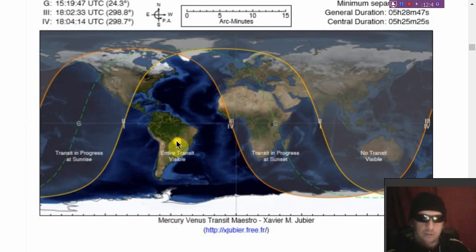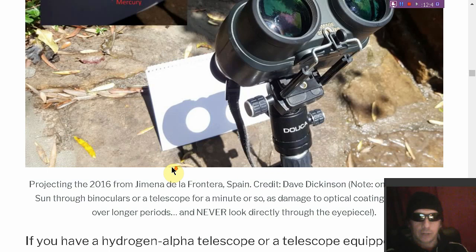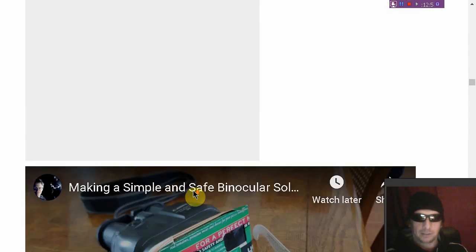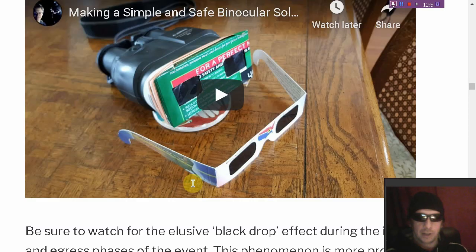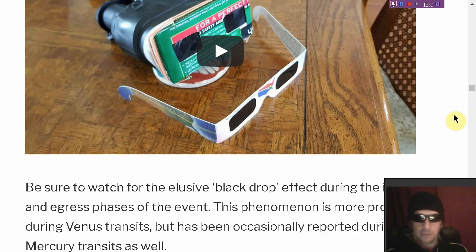Best place to view it is in Central South America, but we'll get a full view here on the east coast of the U.S. So get your gear together if you've got solar filter glasses, if you've got equipment to project the solar disk onto a piece of paper. It's got all the instructions on how to make a simple binocular solar filter, if you have some eclipse glasses.